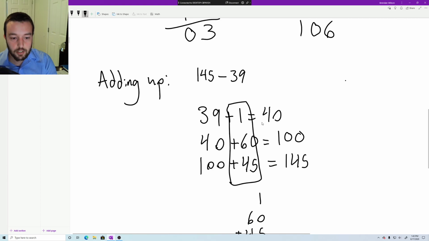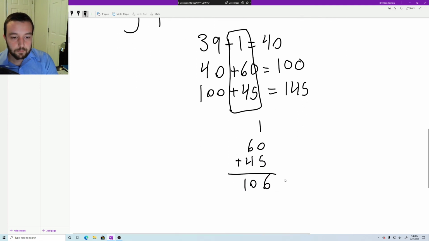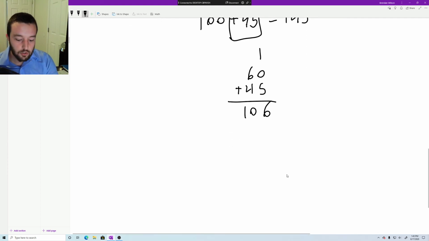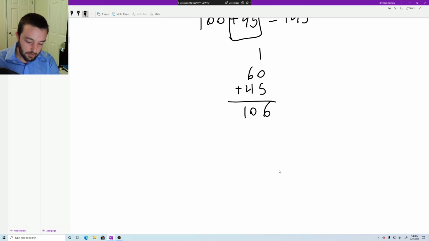This way is much easier to do mentally because we're using easy numbers, and typically addition is thought to be easier than subtraction. So let me give you some examples where the borrowing method is worse than the adding up method.